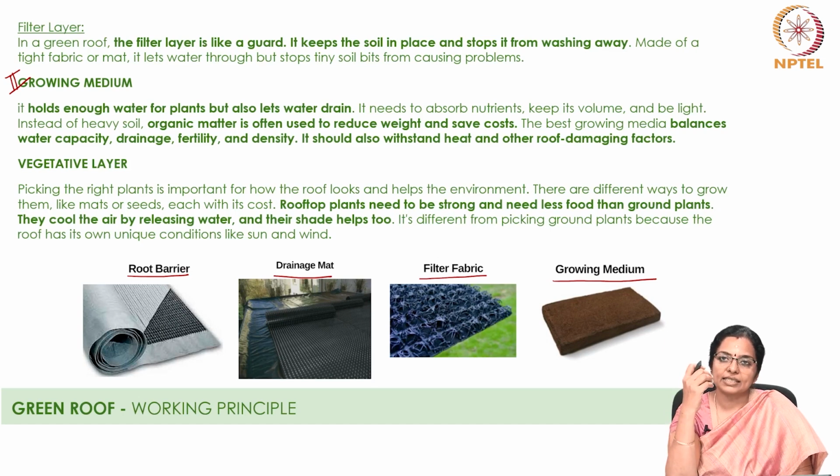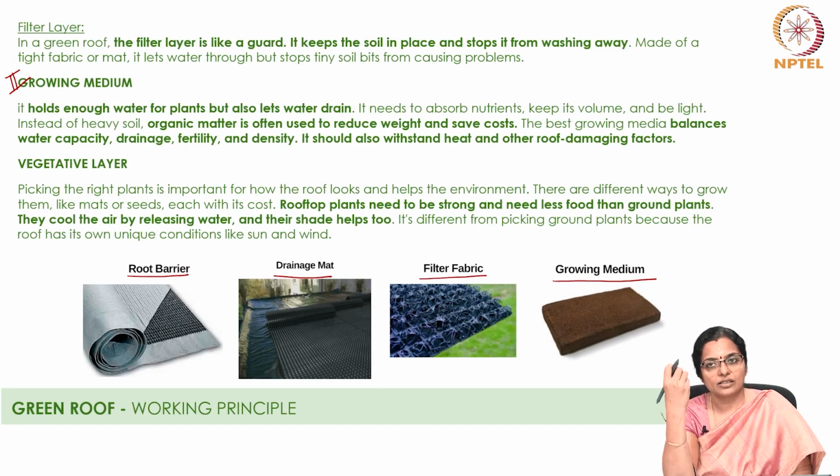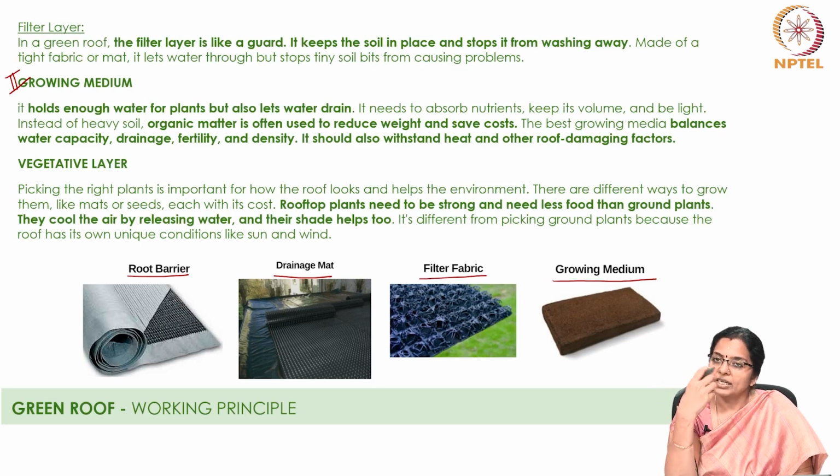A simple example of a growing medium is a mix of coco peat, compost and soil. Coco peat is an organic matter. It is extremely light in weight. Compost again is an organic matter, very light in weight.